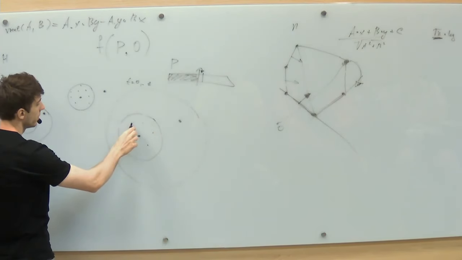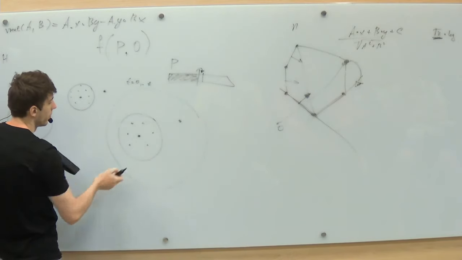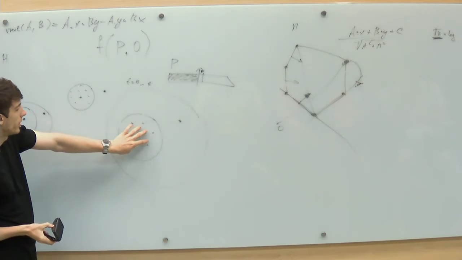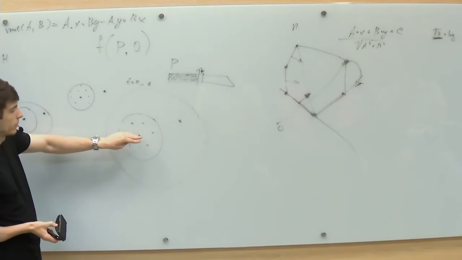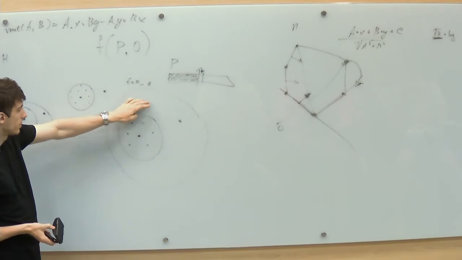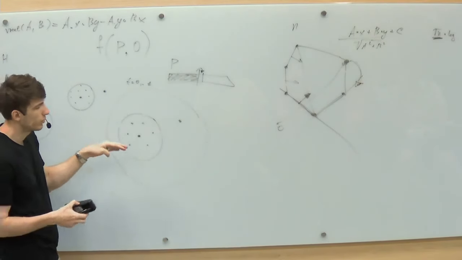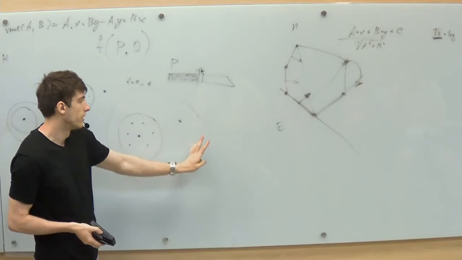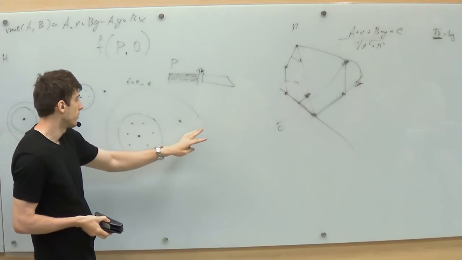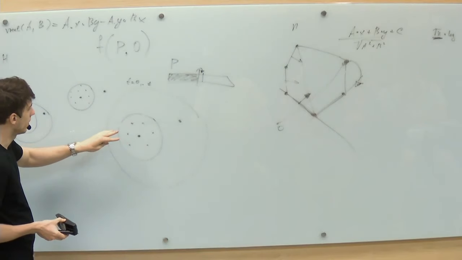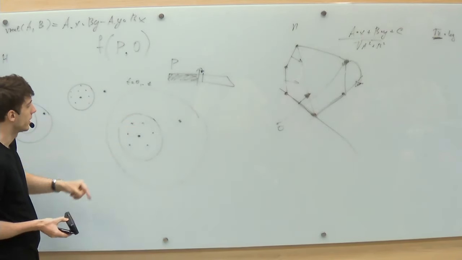And we see that all the points that were inside from the beginning will always be inside, because in the end they are inside, and in the beginning they are inside. So we could prove that all points are always inside.